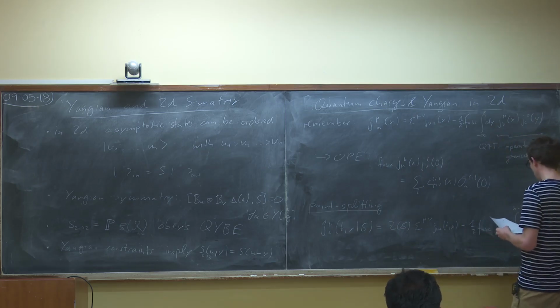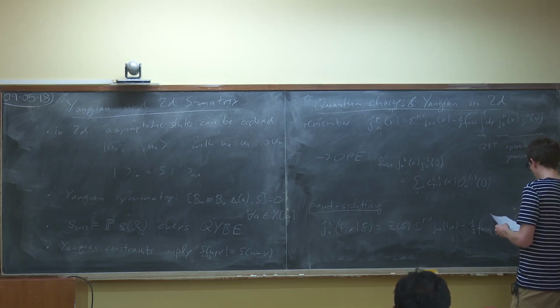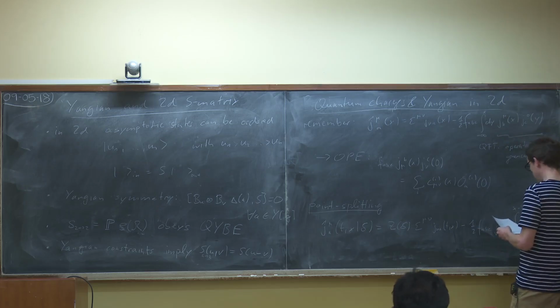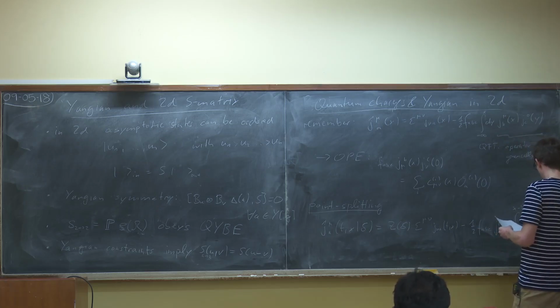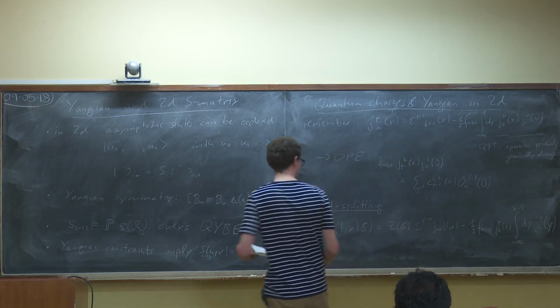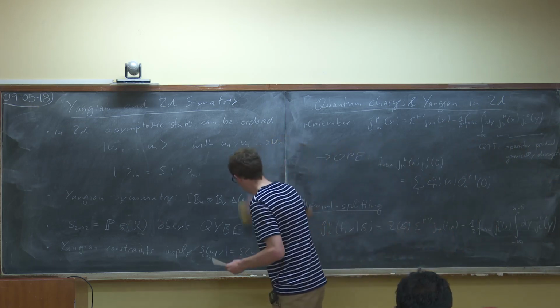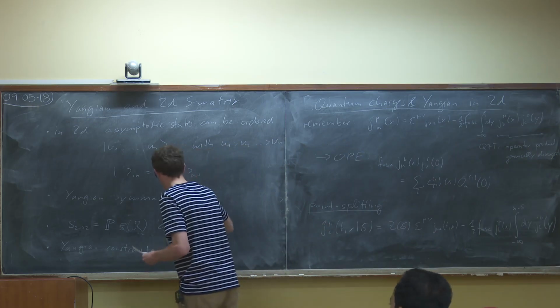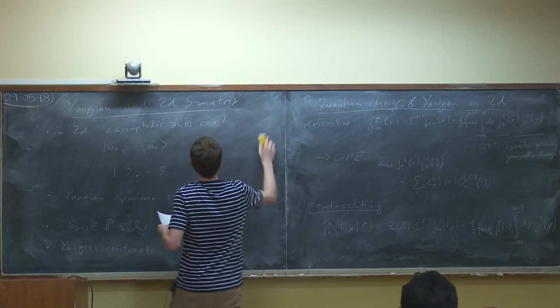My integral should now run from minus infinity to x minus delta, so that in this limit of delta going to 0, I get this divergent piece.